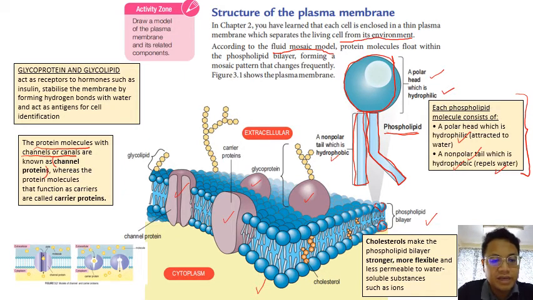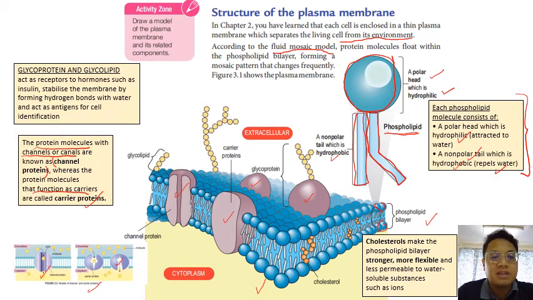Whereas the protein molecule that functions as a carrier is called carrier protein. Usually in illustrations or in questions, these two molecules are drawn differently, as shown here. Pore protein has pores, while carrier protein has a certain shape in the structure, probably round, depending on the molecules. Later we will discuss this.